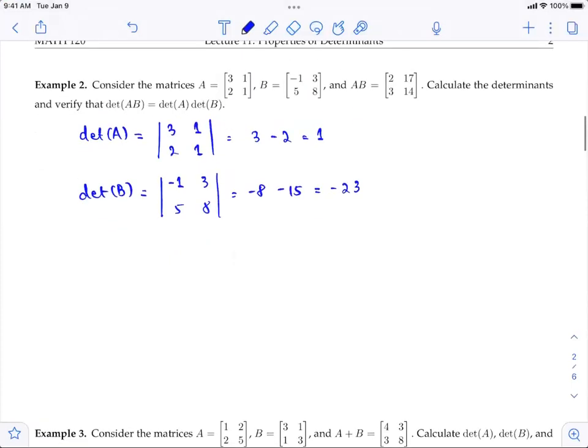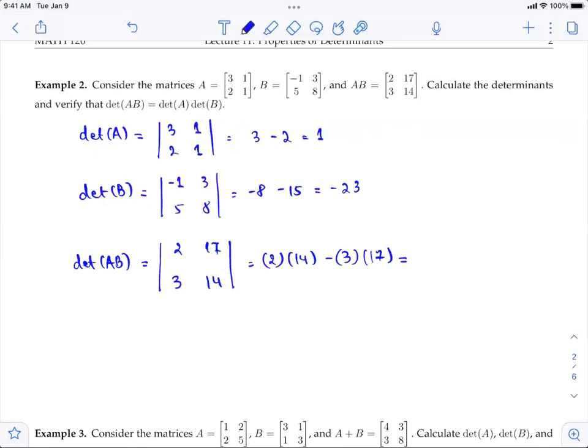And the product A times B, so you have these two matrices, the product results in the matrix of the form 2, 17, 3, 14. And the determinant of the product is that of 2, 17, 3, 14. You have 2 times 14 minus 3 times 17.